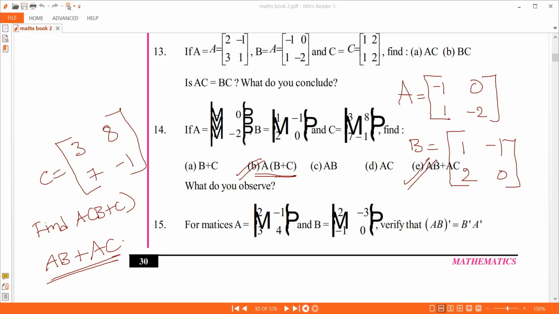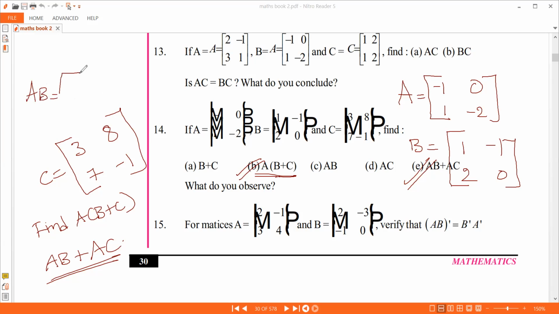So it will be minus 3, and this will be minus 8, and 1 into 3 is 3 plus 7 into 14, minus 14. Okay. So AB should be 11.